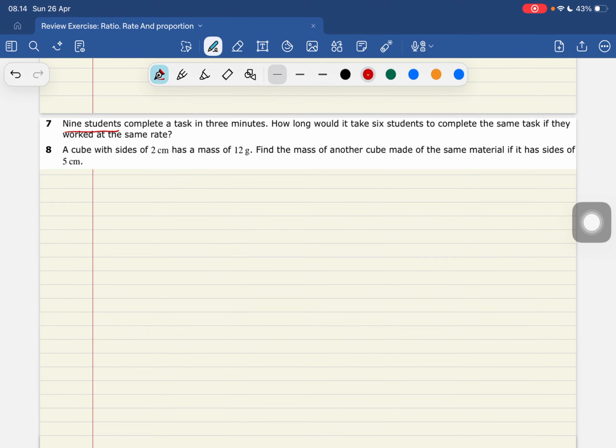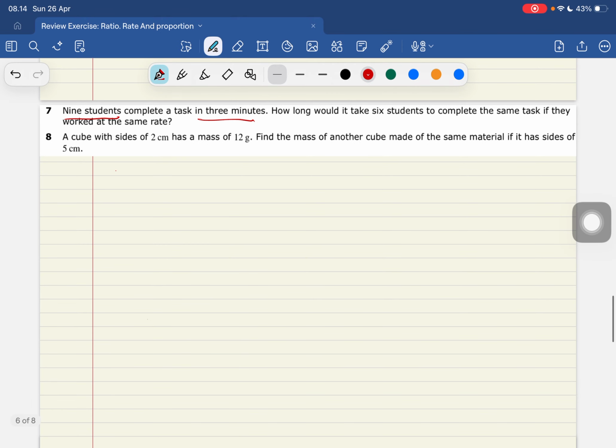Okay, 9 students complete a task in 3 minutes. How long would it take 6 students to complete it? So this relationship is inversely proportional. So the time, and then the students. We need to find the rate first. This is the same rate. So the time is 3 minutes, and the students are 9.